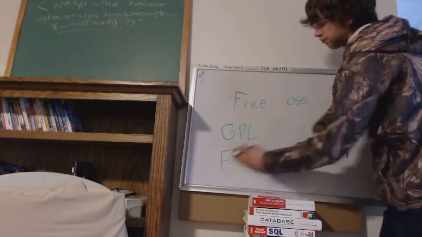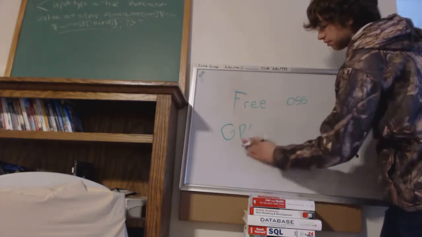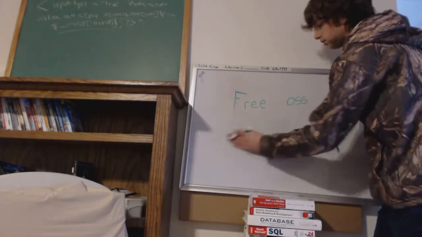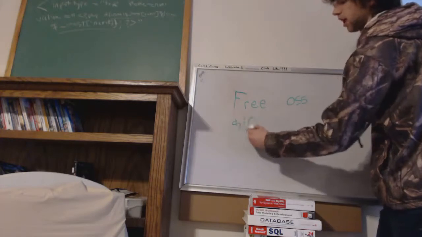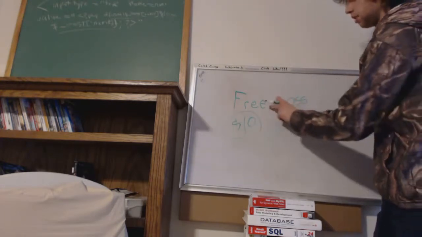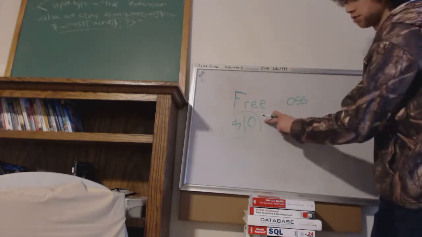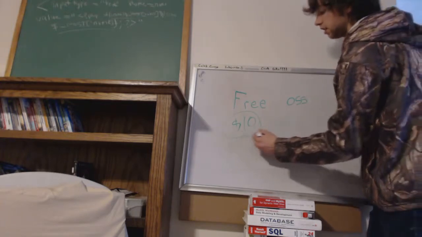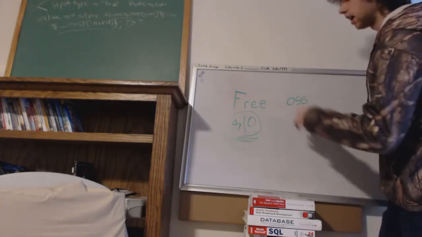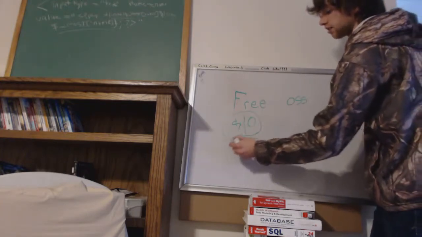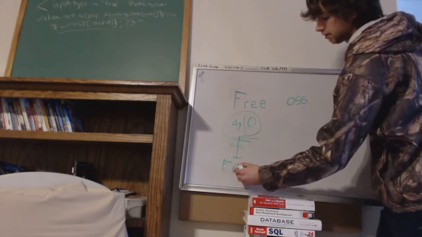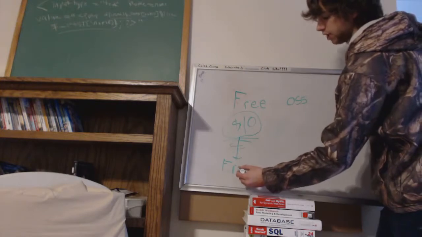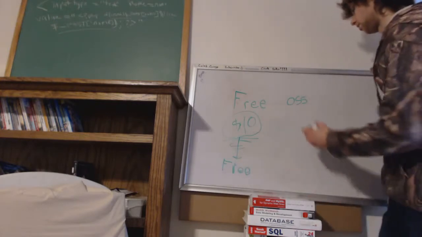But basically, just think of free software as you can do pretty much whatever you want with it. It does not limit it to price. So just because it's free does not mean you can't sell it for $10. Because it's free, it allows you to do whatever you want, including selling it, as long as the final product itself is going to be free. So it has to stay free as in freedoms, not as in price.